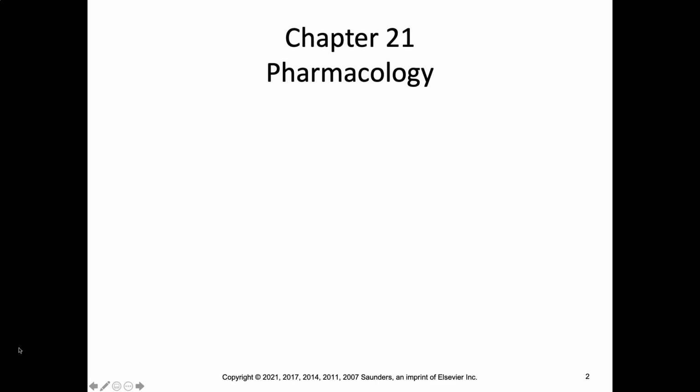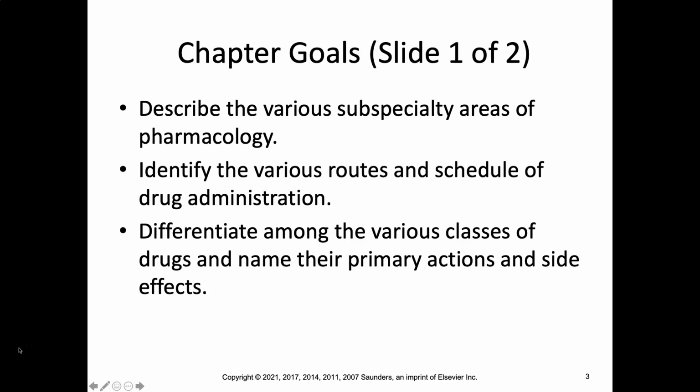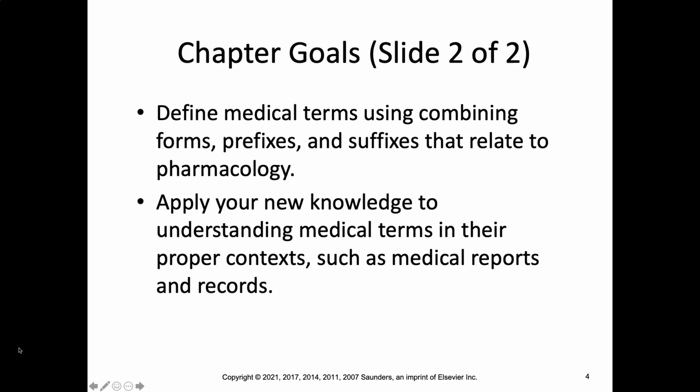If you want to follow along with me, I'm in the textbook on page 824. We don't have any program learning outcomes or educational learning outcomes for this chapter, but the chapter goals in the book are that you learn about the subspecialty areas of pharmacology, make sure you are aware of the various routes and schedule of drug administration, look at the various classes of drugs and their primary actions and side effects, and define medical terms, of course, using combining forms.